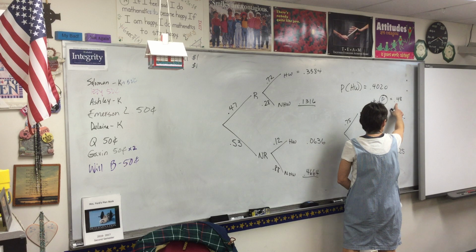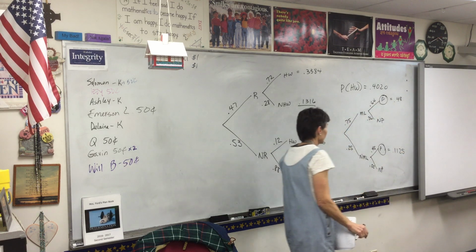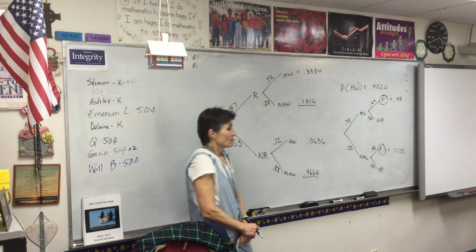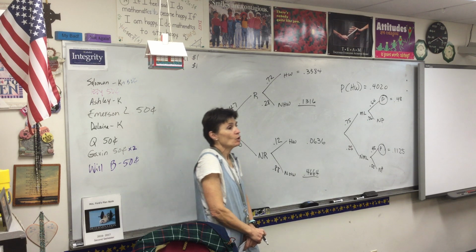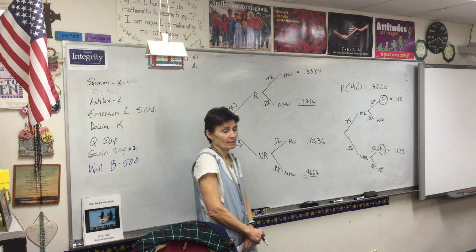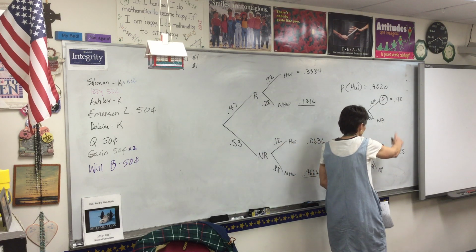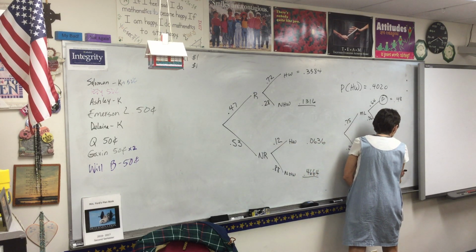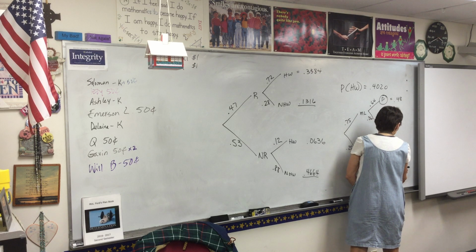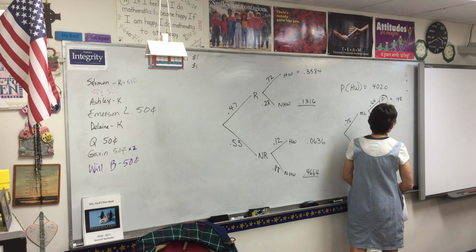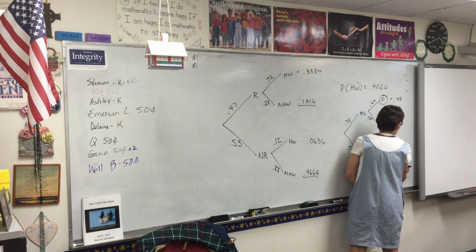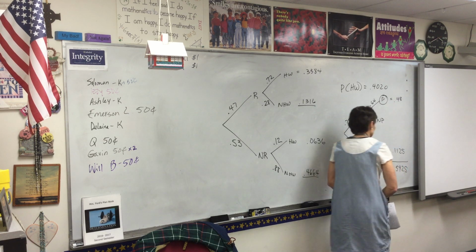Is that right? Yeah. So what is the total probability that we'll have potatoes? What are you going to do with these two numbers? You're going to add them. And what do you get when you add them? That doesn't equal 0.6. 0.5925. Yes.